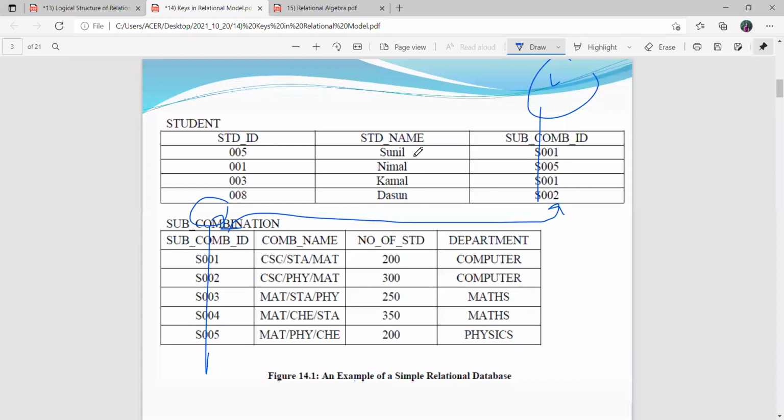So when we consider Sunil, what is the subject combination of Sunil, and what department does Sunil belong to? Give the subject combination name of Sunil.